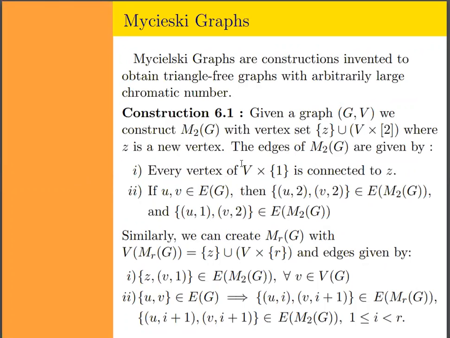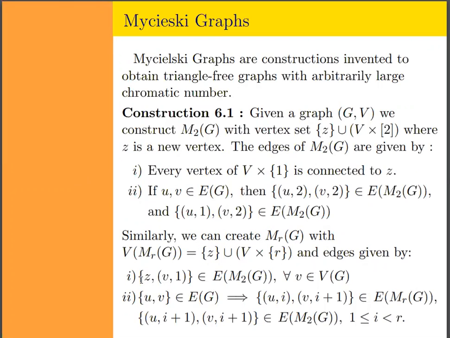So we mention the construction. For MR of G, the MR of G is a graph with the vertex set R copies of V, where V is the vertex set of graph G, along with a single vertex Z disjoint from all this.